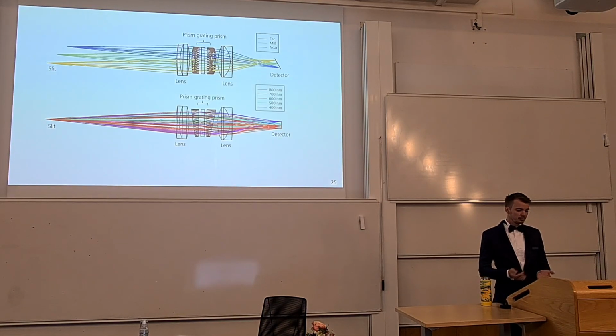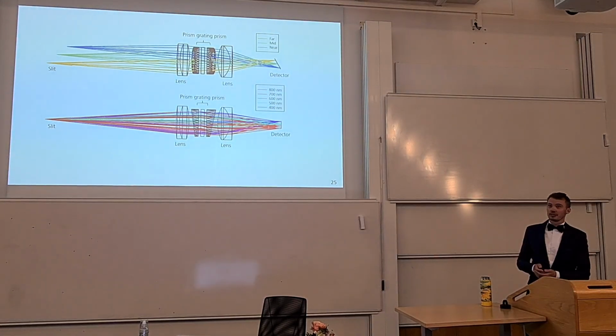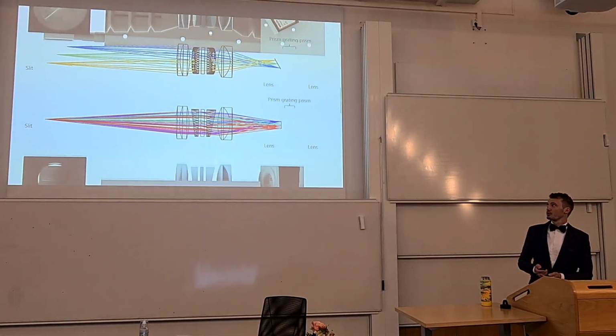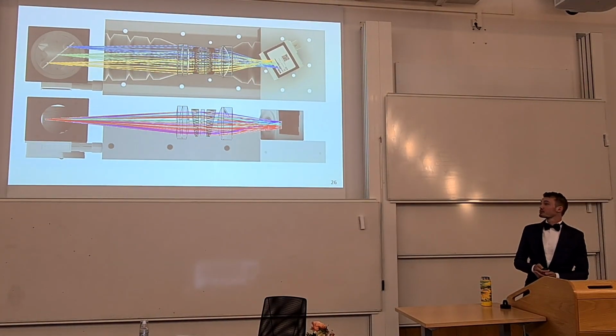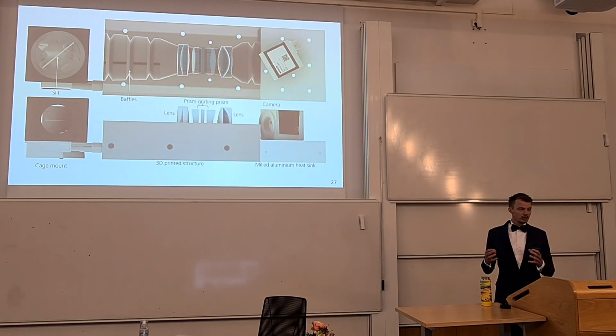And that's the principle. And to build it, we designed it with ray tracing software. And that can be used to find the perfect optimized distances between the components. And when we have that, we can design a 3D structure around it with CAD software and 3D print it. So this is a way to cut down on costs.